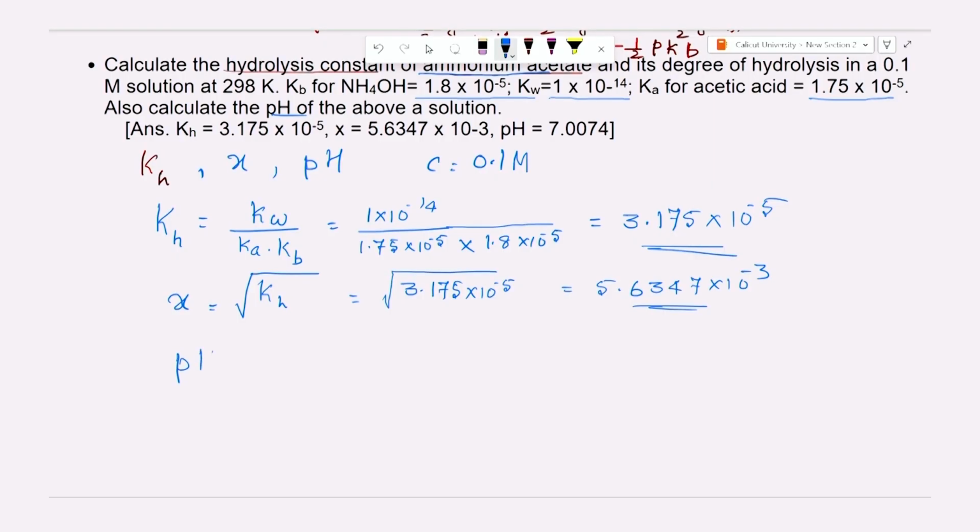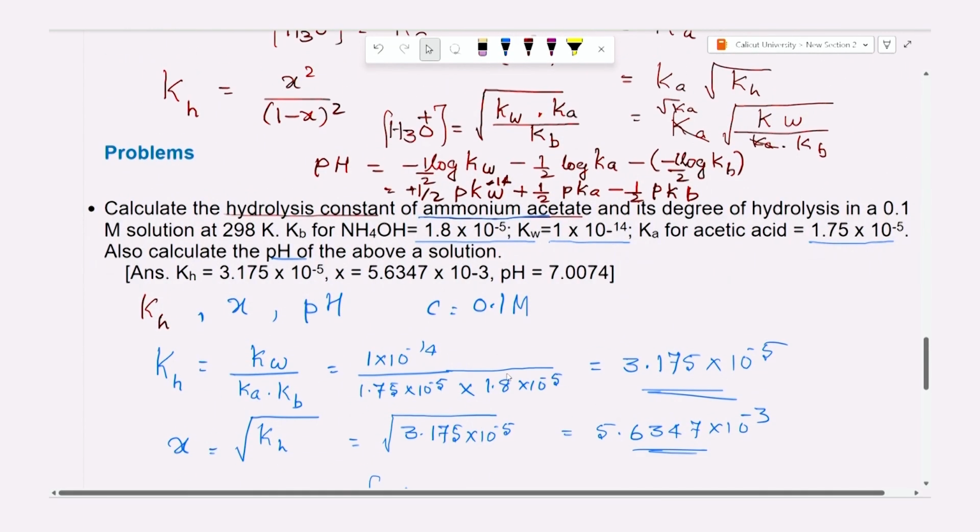Okay. Next we have to find out the pH. For pH we have got the expression. Remember the pH for a weak acid and a weak base salt, pH is equal to 7 plus half into pKa minus pKb.